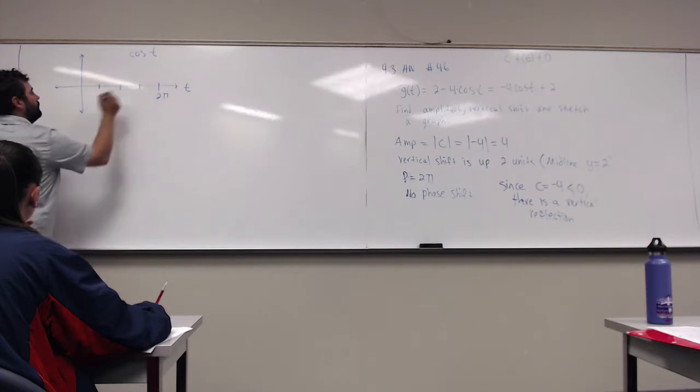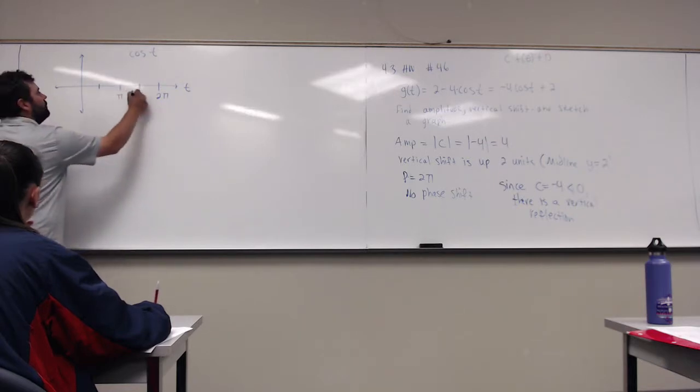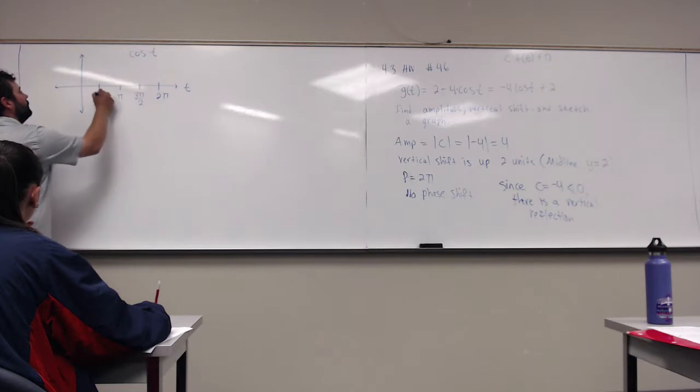So you would always start at your phase shift and then keep adding the quarter of the period until you've done that 4 times, and now you have an interval with its length being the period.